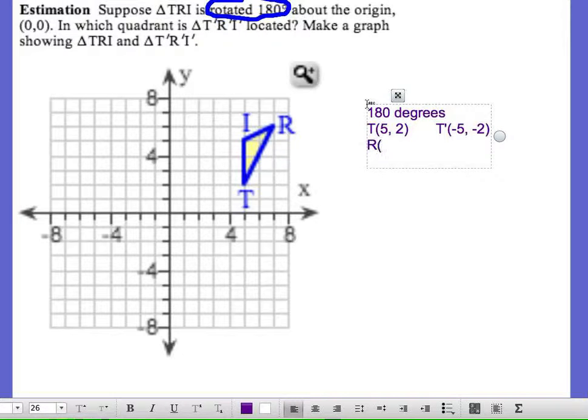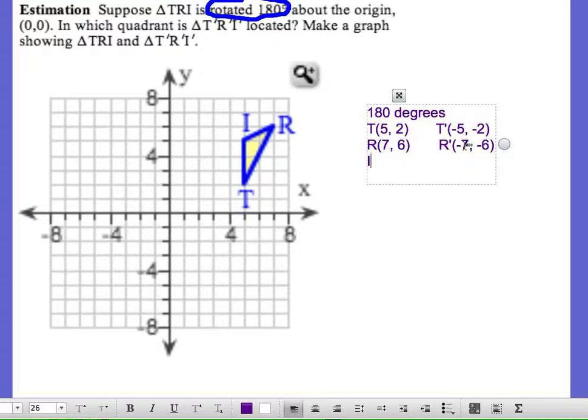R is at 7, 6. That means R prime would be, sorry about the interruption, R prime is at -7, -6.